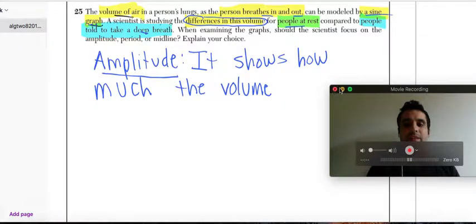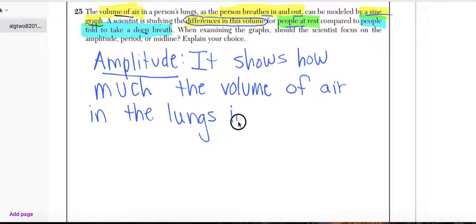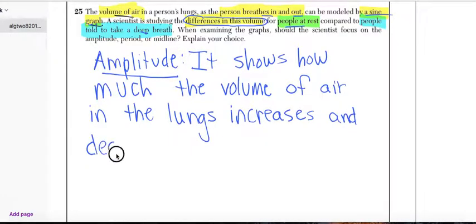I'll minimize me again, I'm sorry. It shows how much the volume of air in the lungs increases and decreases. That's the difference we're talking about, right?